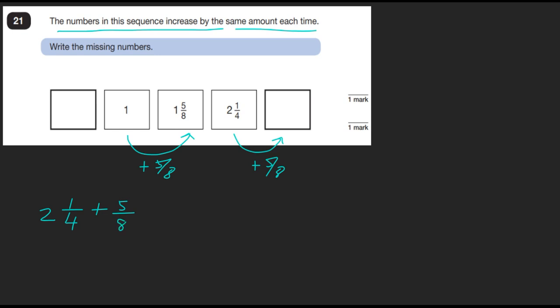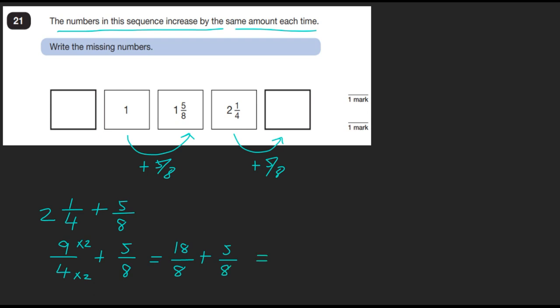So 4 times 2 is 8, 8 over 4, and I'm going to times by 2 and times by 2 in order to make the denominator the same. So this is 5 over 8. So this is going to be 18 over 8 plus 5 over 8.